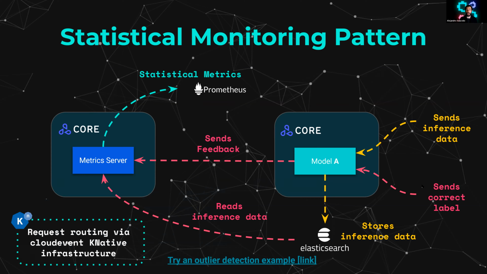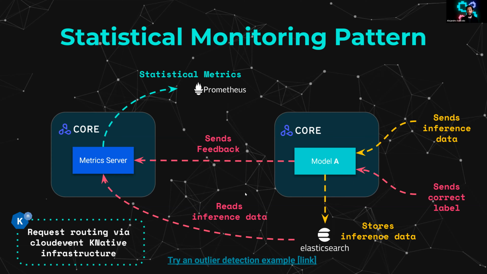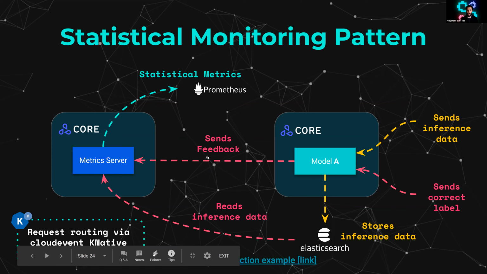What is then possible is that any external domain expert, or another individual that is part of the operational process of the production machine learning deployment, would be able to send correct labels for that particular request ID. That uses the same serverless eventing architecture, but the only difference is that instead of going directly into the Elasticsearch, it would go into the metric server, right?